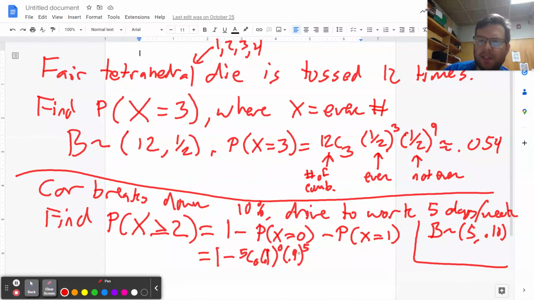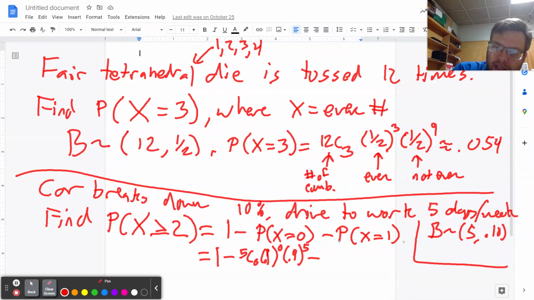I hope this makes sense here that 5 choose 0 is equal to 1. There's only one way to choose nothing. 0.1 to the 0 is also equal to 1. So really, if your car doesn't break down, that's a 90% chance each day. So you go 90% times itself 5 times.